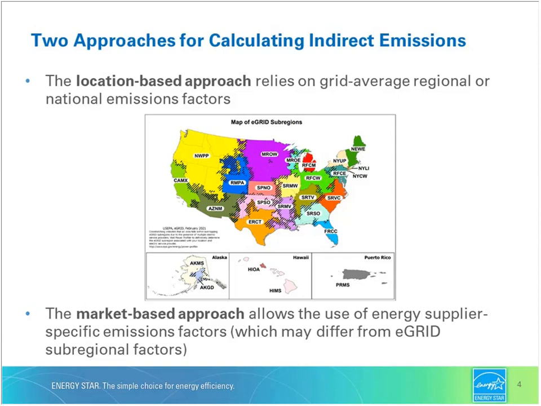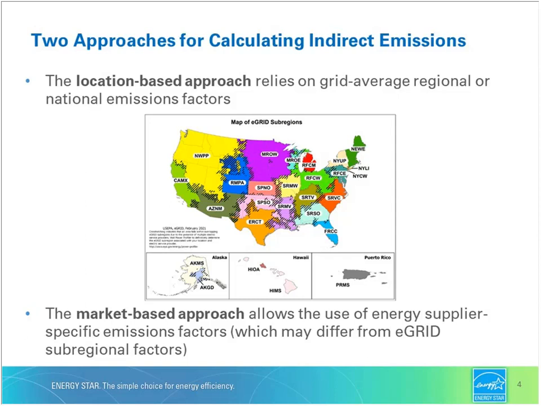This uses regional factors from EPA's Emissions and Generation Resource Integrated Database, or eGRID. Basically, Portfolio Manager looks at your zip code, maps the zip code to an eGRID subregion, and there is one greenhouse gas emissions factor for electricity per subregion.